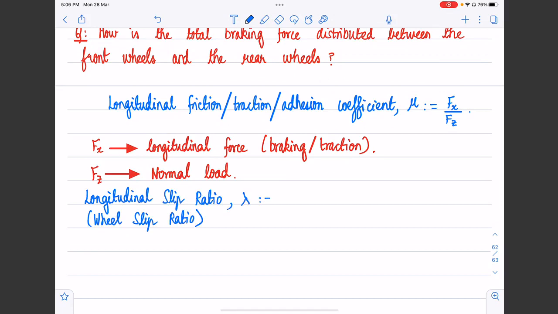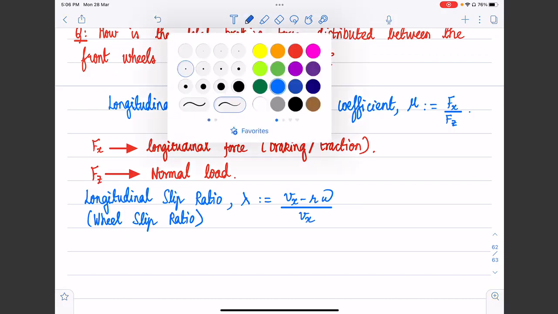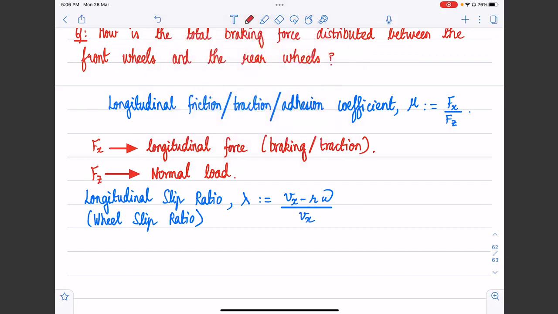We are going to denote it by the symbol lambda. During braking, it is written as Vx minus R omega divided by Vx. What are these variables and symbols that come in? Vx is the longitudinal speed of the vehicle.